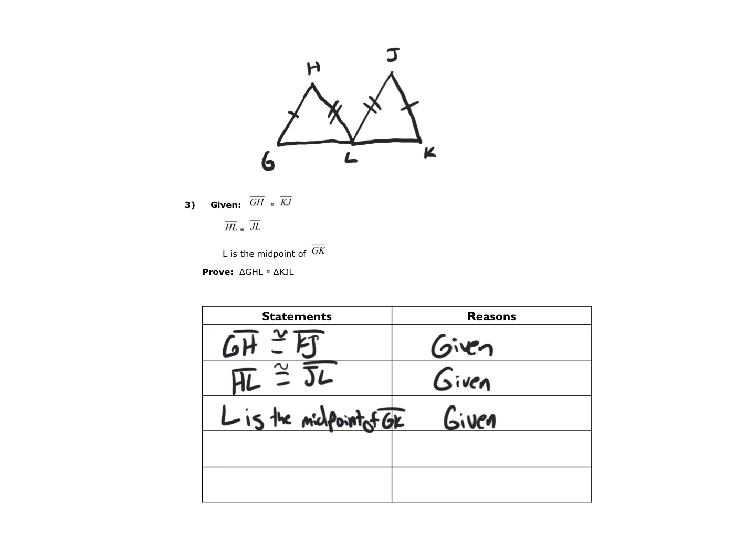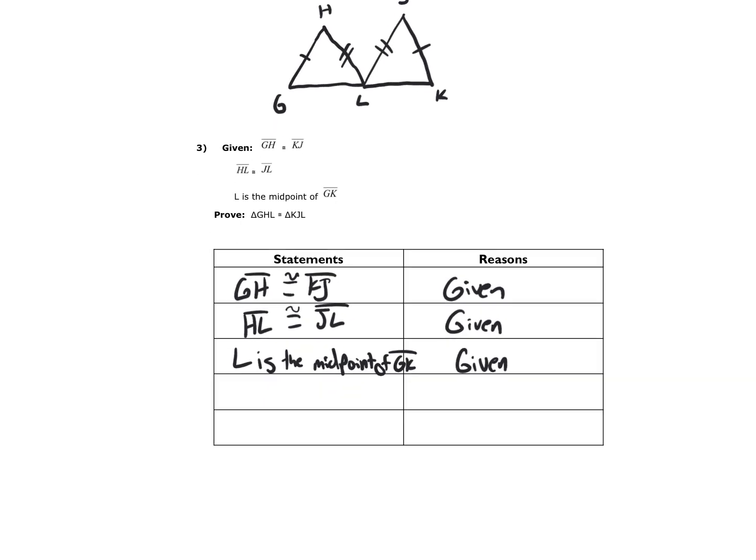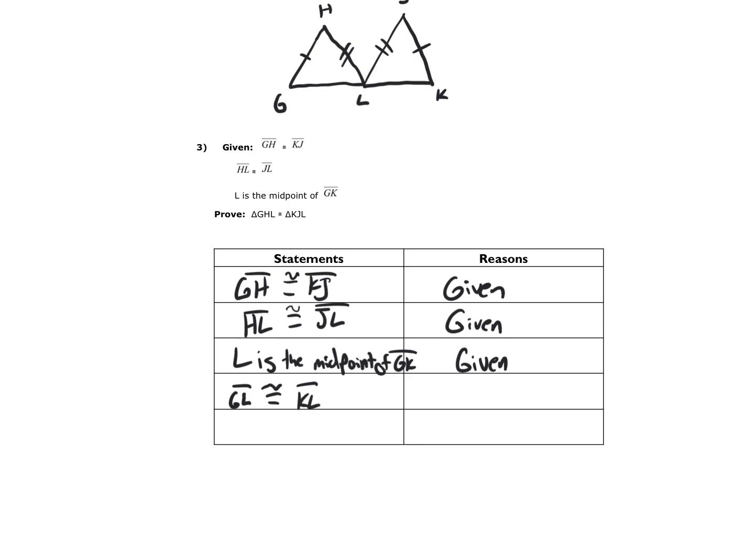Now, we can't really mark anything with that, but what that does allow us to do is infer that segment GL is congruent to segment KL, and that is the definition of a midpoint.